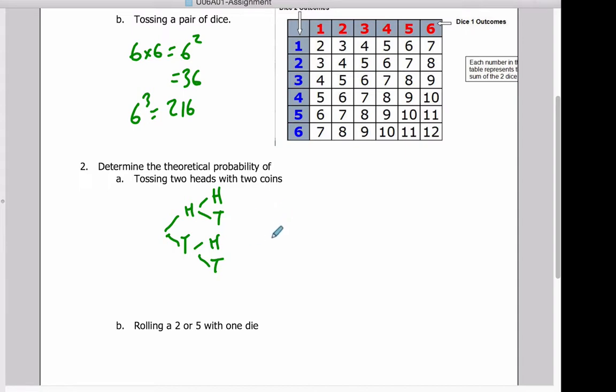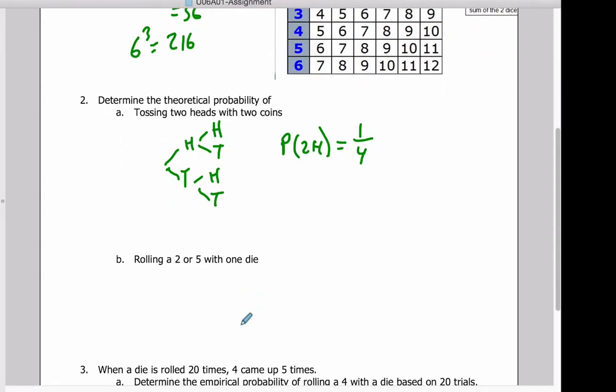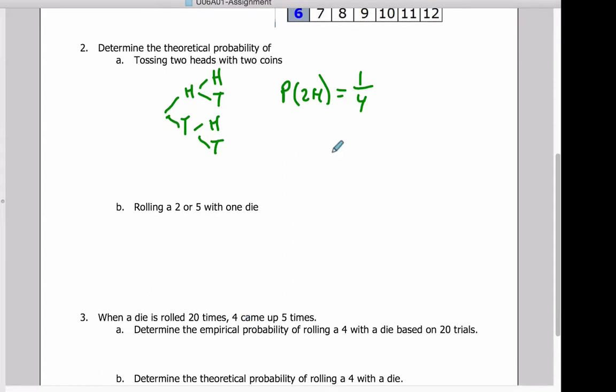So the probability of getting 2 heads: there is 1 outcome out of 4 possible outcomes, so it's 1/4. Now, rolling a 2 or a 5 with 1 die, well, there are 2 ways you can do that. And when you roll a die, there are 6 possible outcomes. So the probability of that is 1/3.